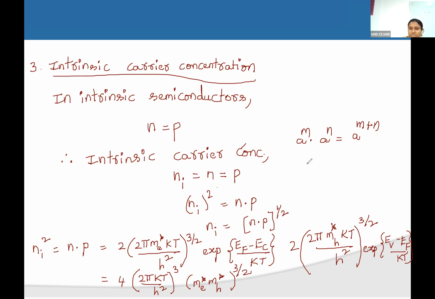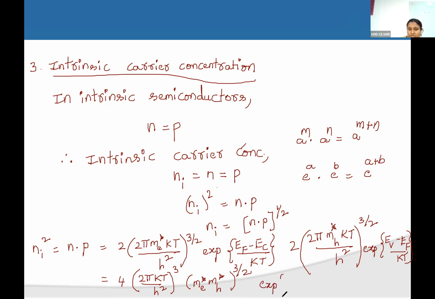I think you know this: e to the power of a into e to the power of b is e to the power of a plus b. Here also I have two exponential terms, so we have to add. If we add, what will we get?